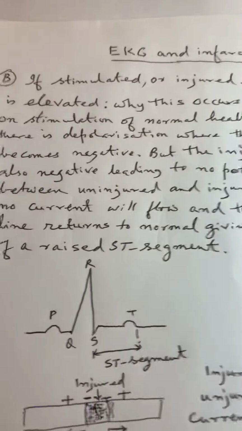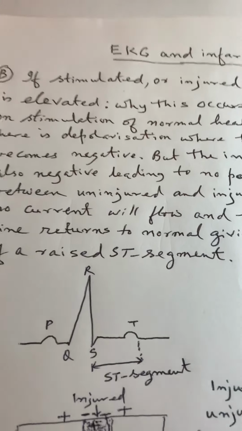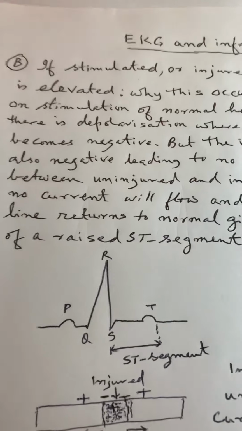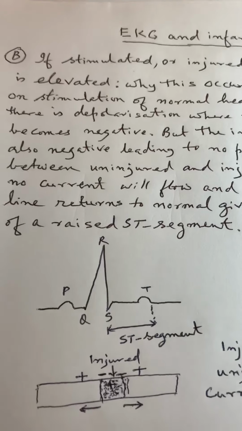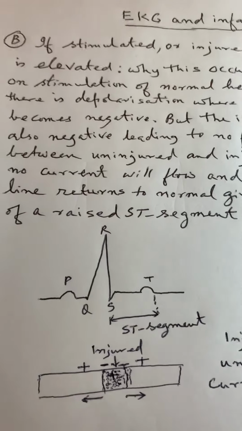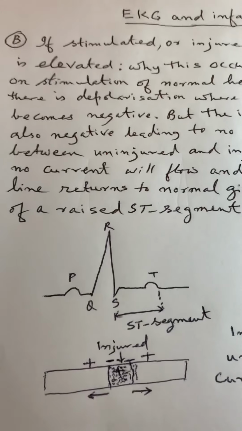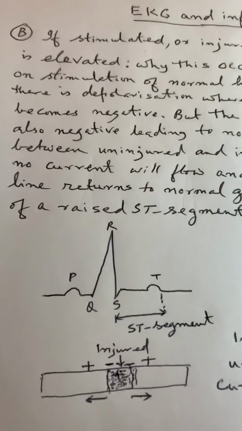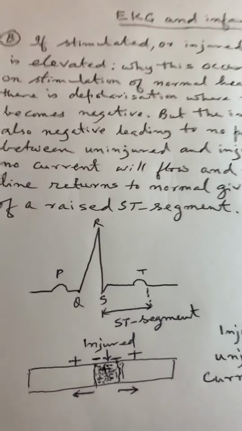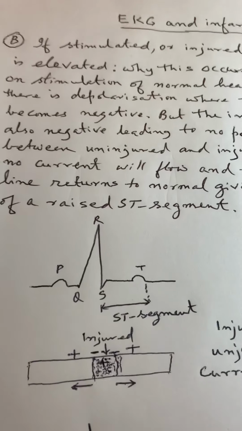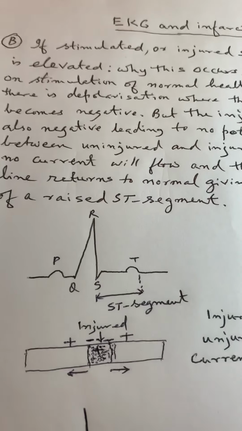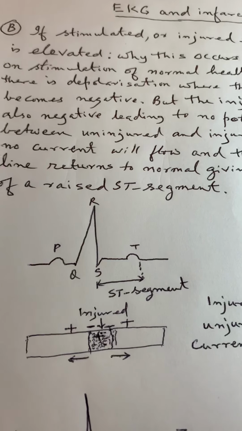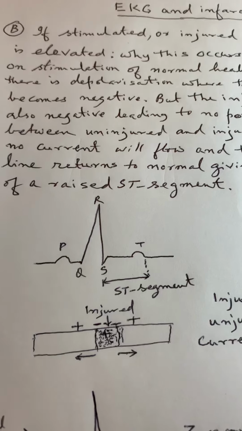This is a sign which should never be ignored, because sometimes in diabetic patients and other patients, the patient may not complain of chest pain or anything, and you find a suddenly elevated ST segment.